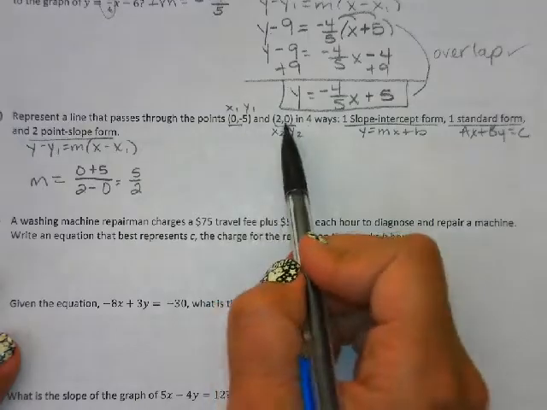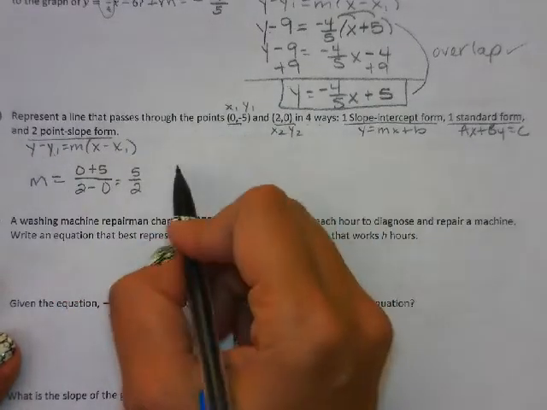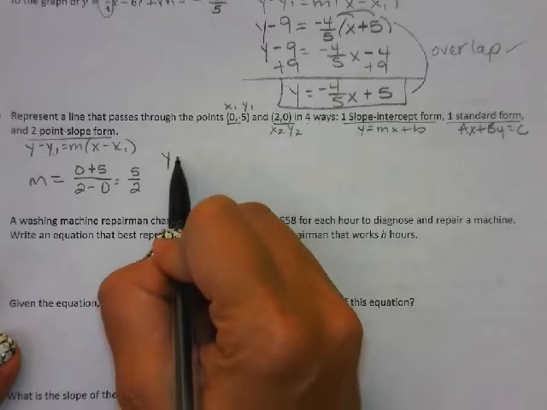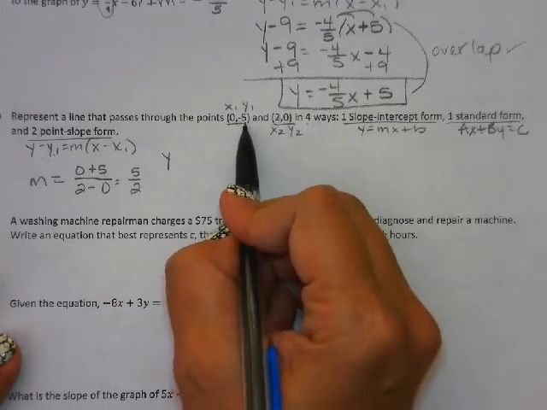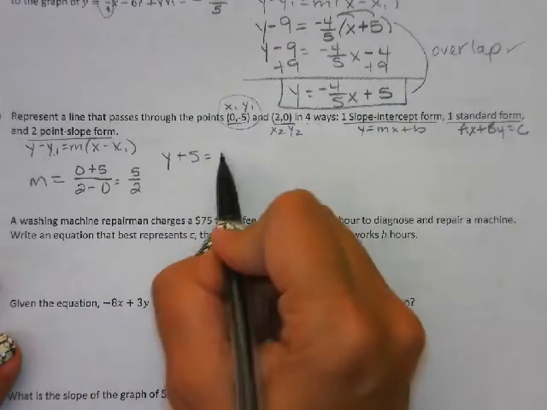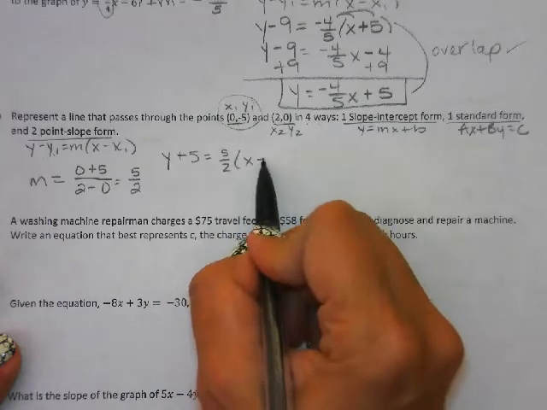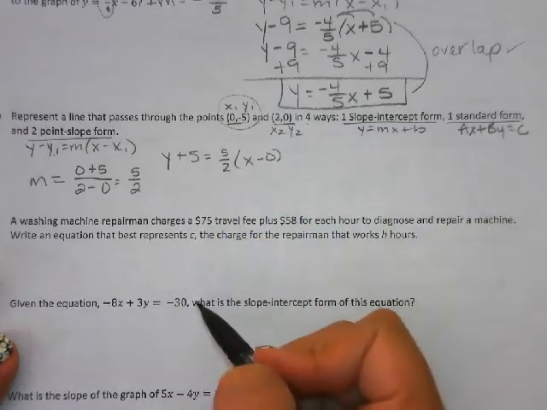I have 2 points, so I'm going to go ahead and start with my 2-point slope forms. And I can say y, I'm just going to use this first one on the first one. So y plus 5 is equal to 5/2 x. I could put minus 0. It's not really necessary, but we could.